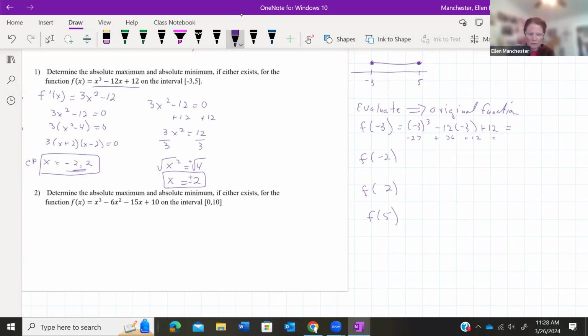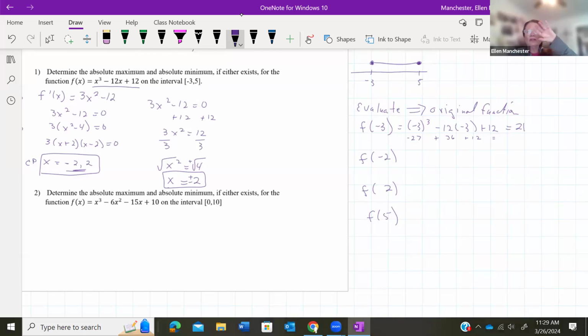So we got -27 plus 36 plus 12. Oh my gosh, my calculator's messing up. -27 plus 36. It's called operator error. So it's 21.